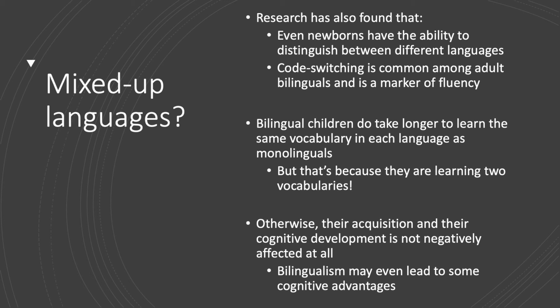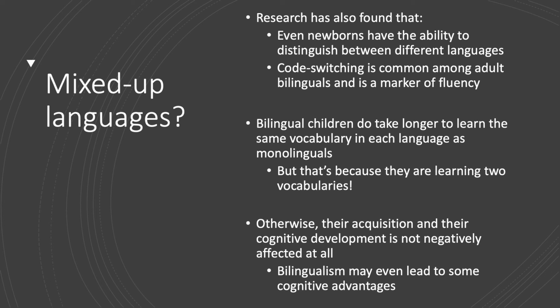Code switching is also often observed in adult speakers. It is actually common in adult bilinguals and is in fact a marker of fluency. That is, you need to be proficient in a language to be able to perform code switching.